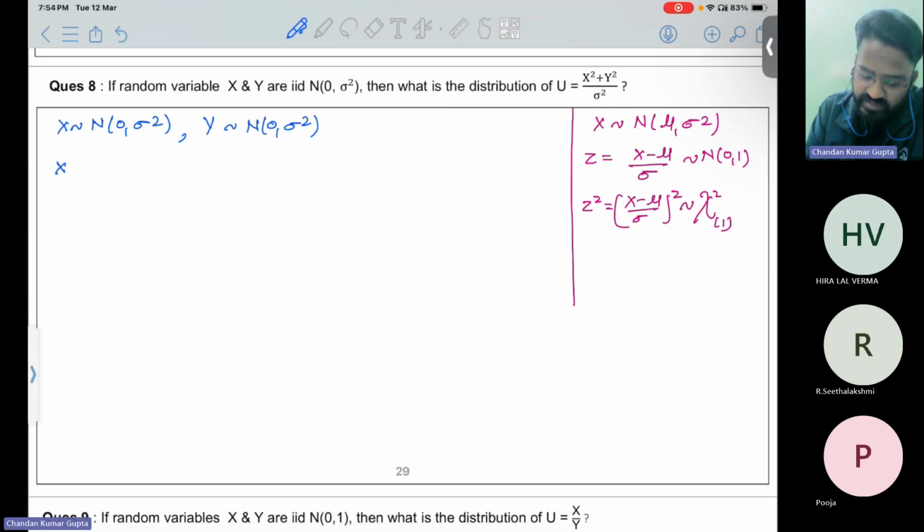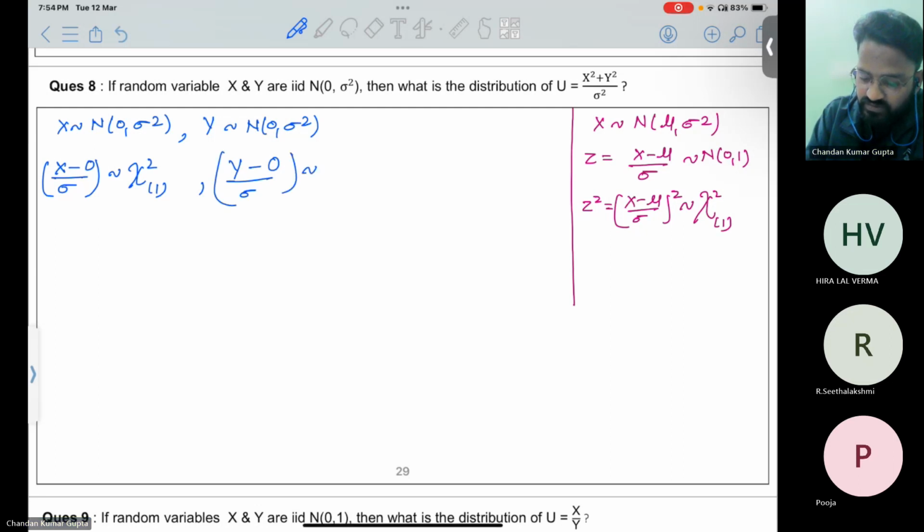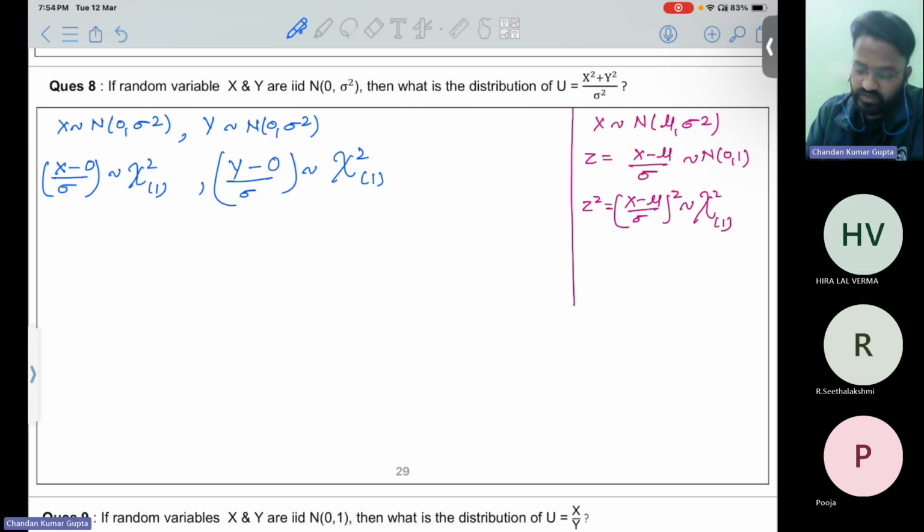So that means (x minus 0) upon sigma follows chi square with 1 degree of freedom. In a similar manner, (y minus 0) upon sigma follows chi square with 1 degree of freedom.